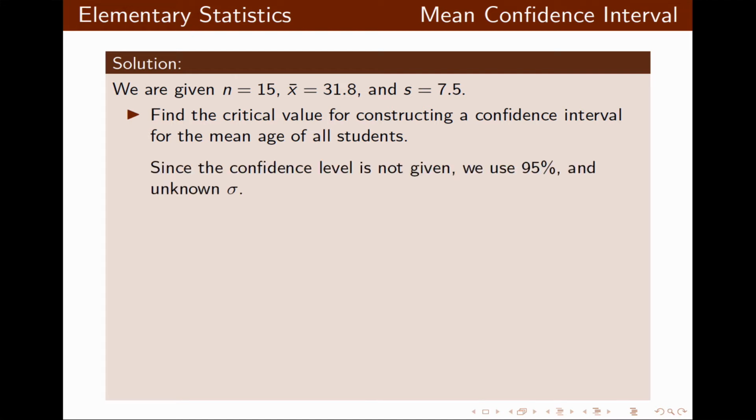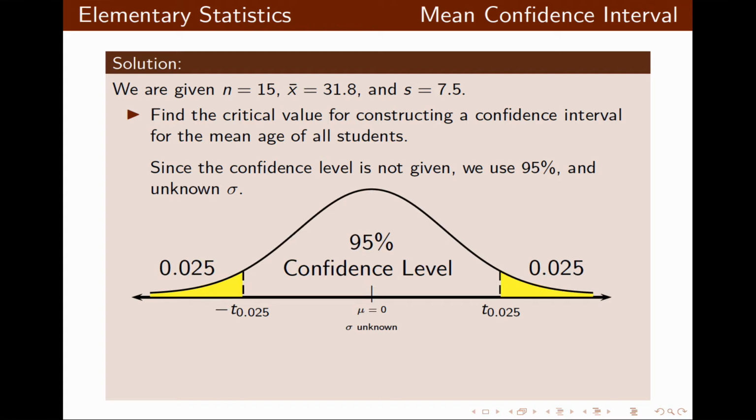For the critical value, the confidence level is not given, so we use 95%. And since sigma, the population standard deviation, is unknown, we will be looking for the t alpha over 2 critical value. The 95% confidence level represents the middle area, therefore the area of each tail will be 0.025.